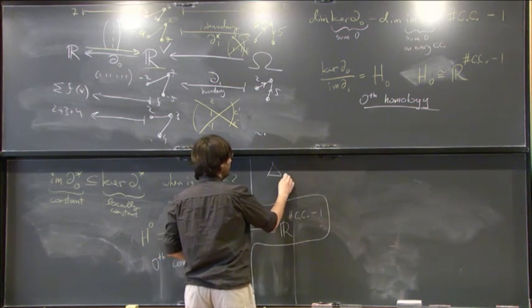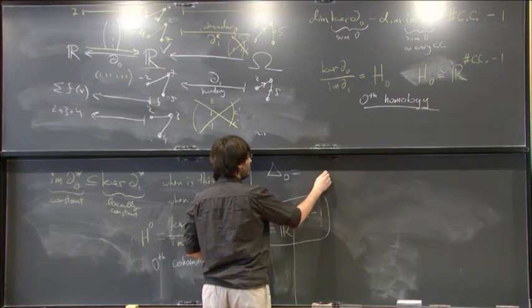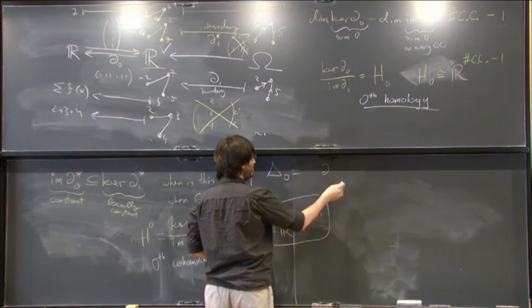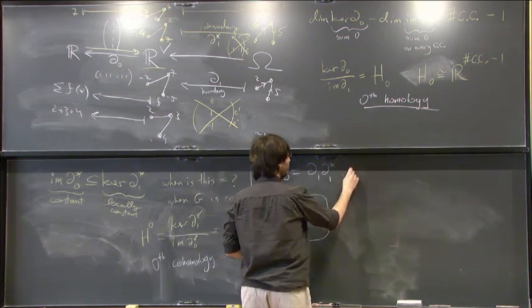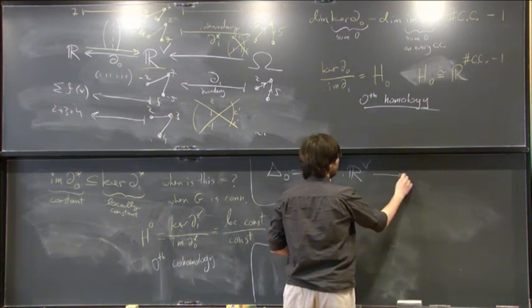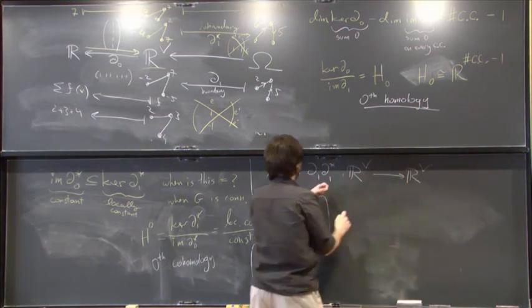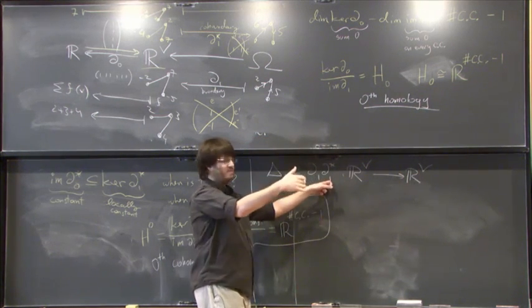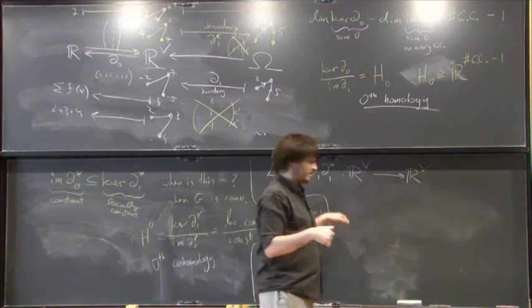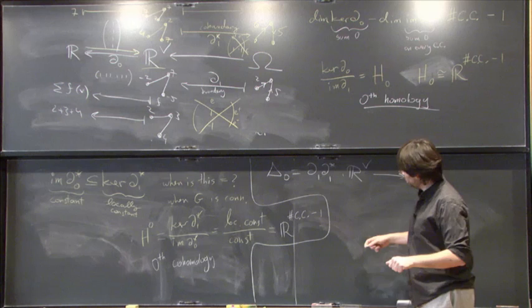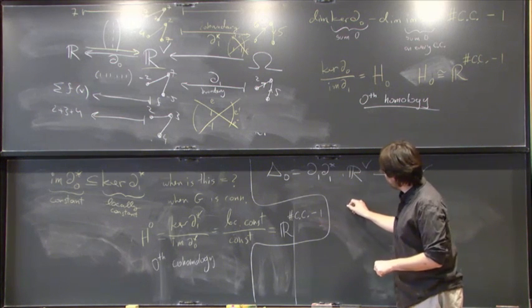We have the Laplacian, which is going up and then going back down. So it goes from functions on the vertices back to themselves. I construct the flow corresponding to a function and go back to the co-boundary.